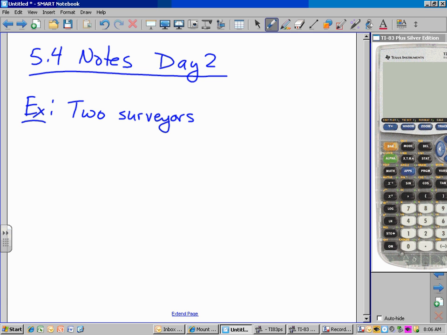Two surveyors are measuring the height of a mountain.